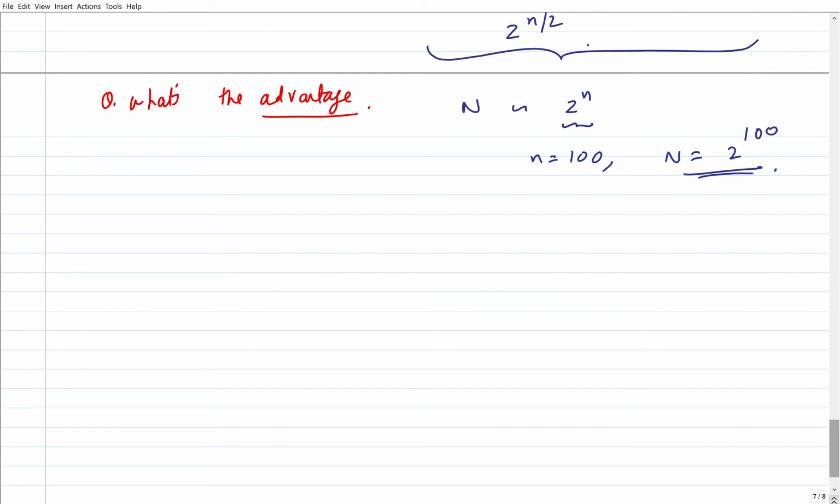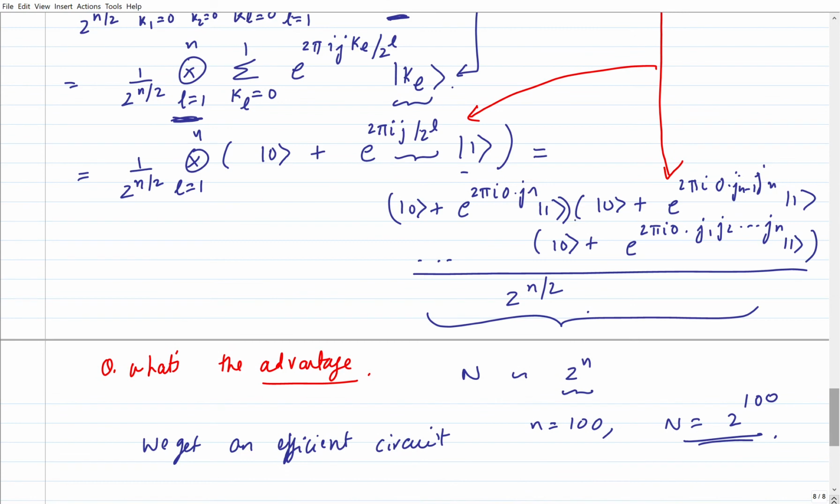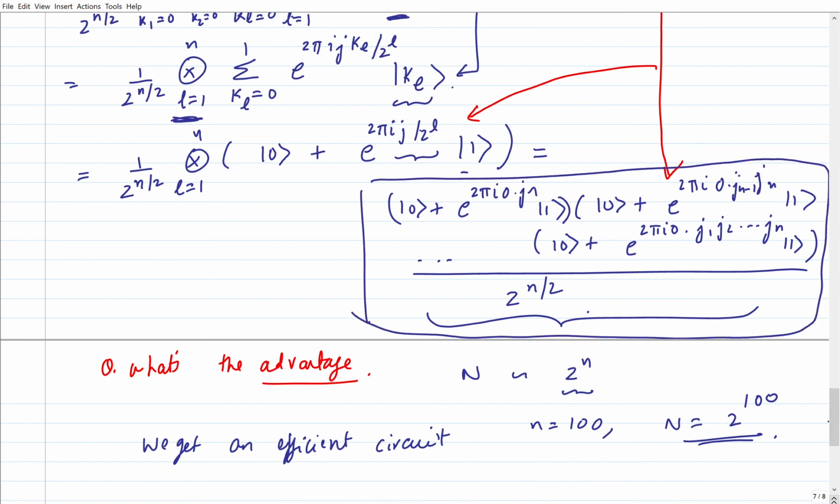So we'll just see the circuit over here. So the upshot is that we get an efficient circuit to translate this guy, which was our quantum Fourier transform.